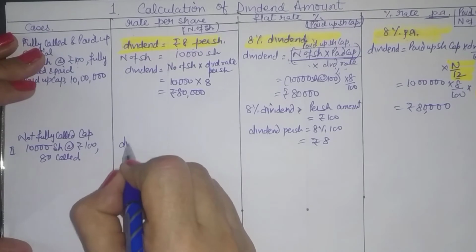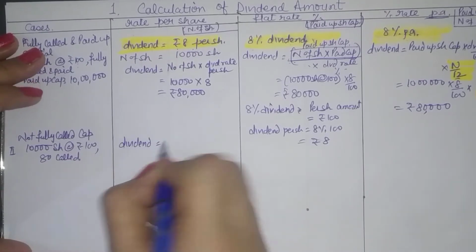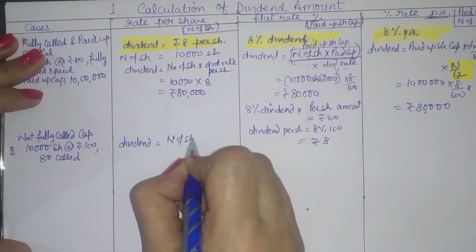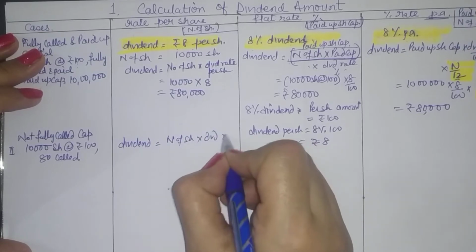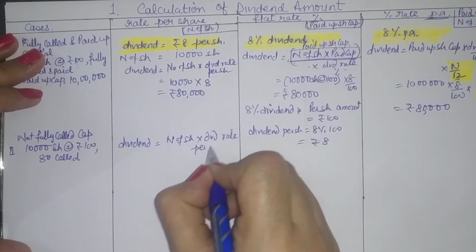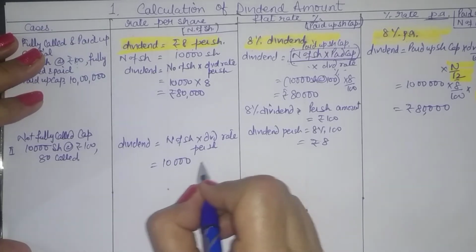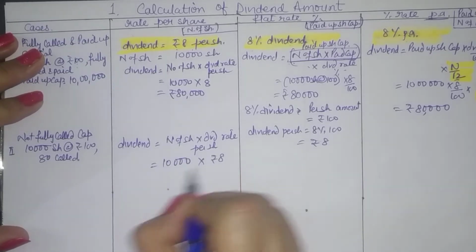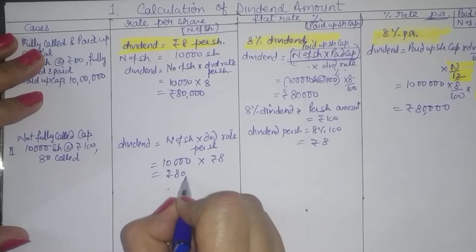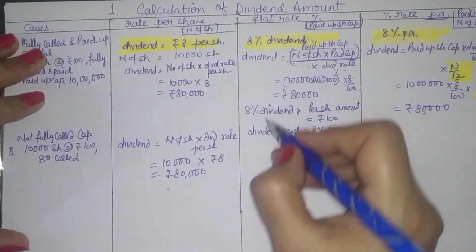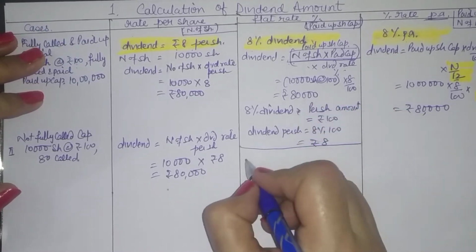So dividend amount is still going to be number of shares into dividend rate per share. So number of shares are 10,000, still 10,000. Rate is 8 rupees per share, so your dividend amount is going to be 80,000. Now in this case, what will happen?